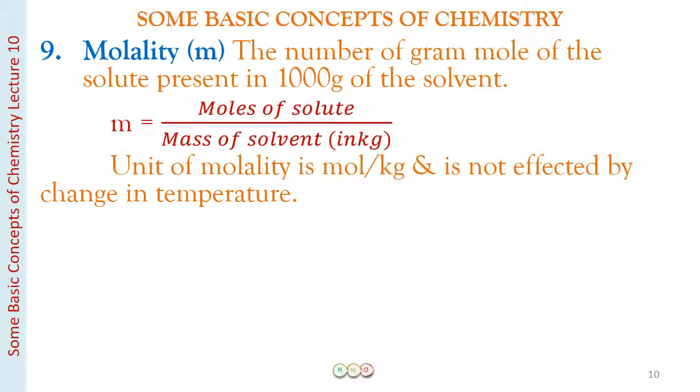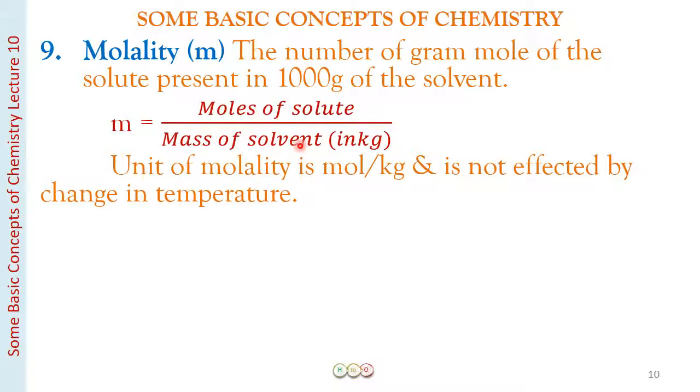So the basic difference between molality and molarity is going to be in the denominator. For molarity, we have the volume of the solution in liters, and for molality, we have mass of the solvent in kilograms. So please always remember this.